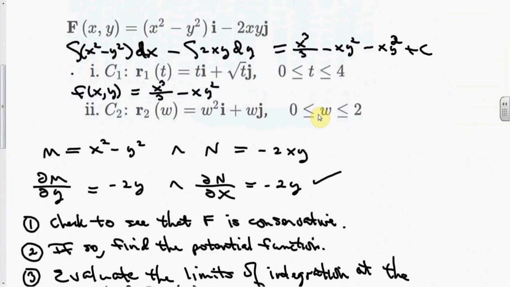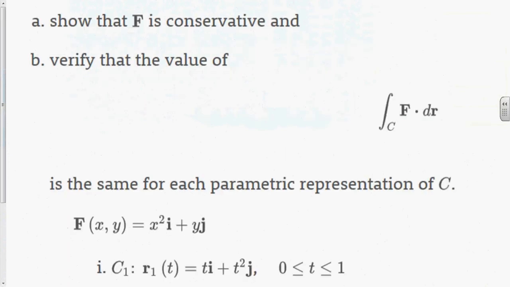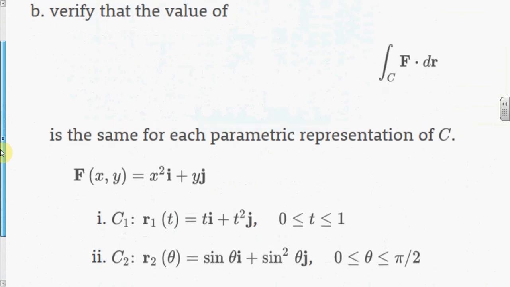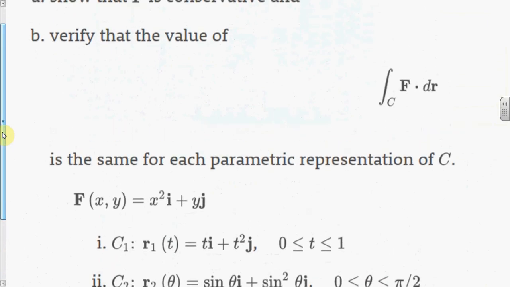Good question. Let's look at this next one. All right, so here it's the same thing, let's see what happens.